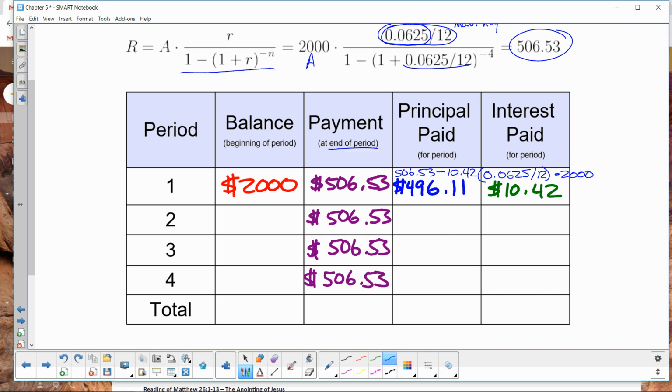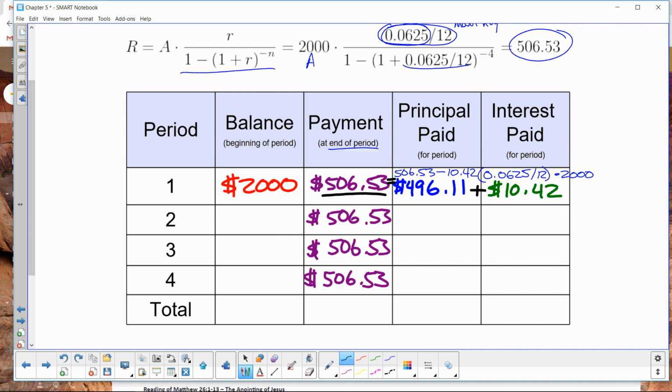All right. Now notice, the student will observe that my interest 10.42 plus my principal equaled my payment. Now, what's my balance at the beginning of my next month?